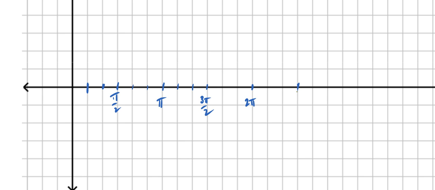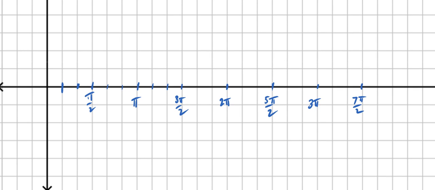Divide by 3 is 5 pi by 2. 1, 2, 3, 3 pi. 1, 2, 3, 7 pi by 2. 1, 2, 3, 4 pi. And that is enough that we've now gone past where one cycle will end, so we're good.